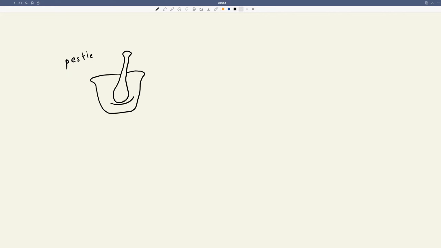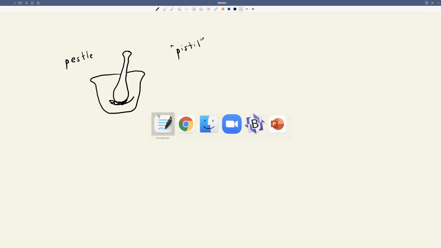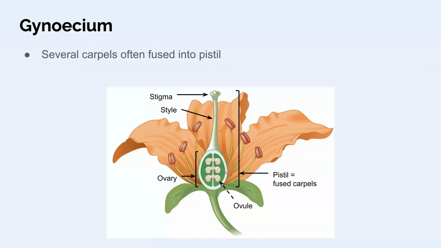So mortar and pestle is a tool for grinding up, and this part is the pestle. So that shape is really what gives us the term pistil. Put some quotes around there. And the fatter part would be the part that has the ovules, skinny part, style, and then stigma at the top.